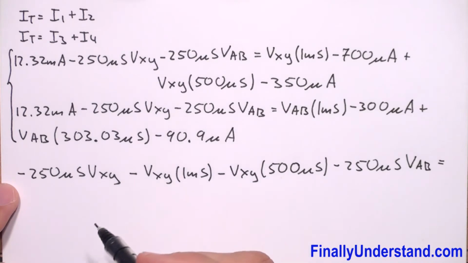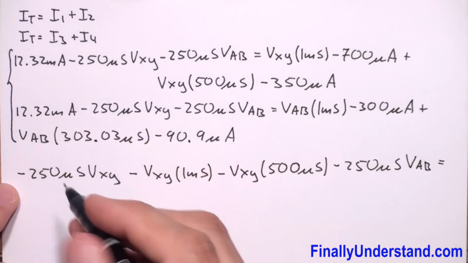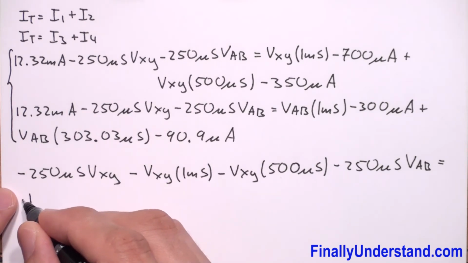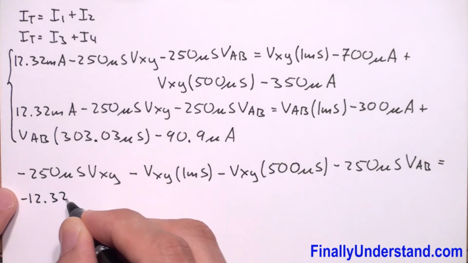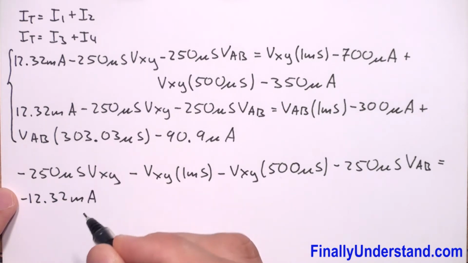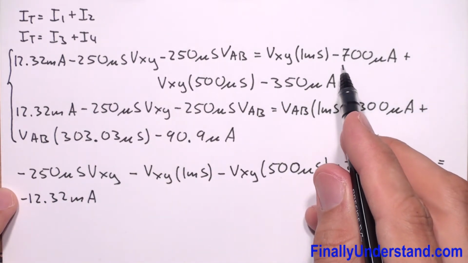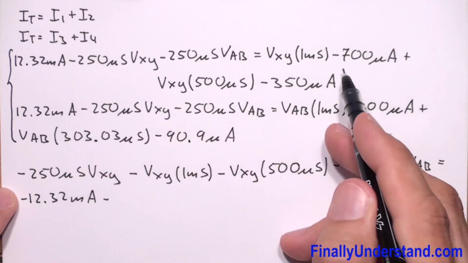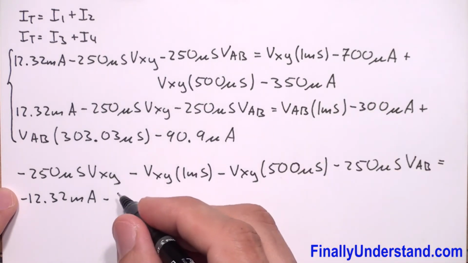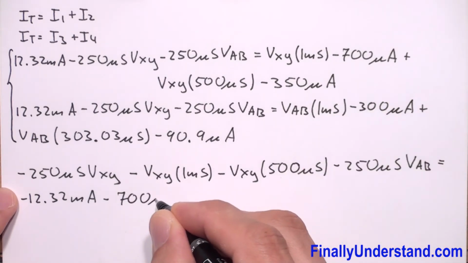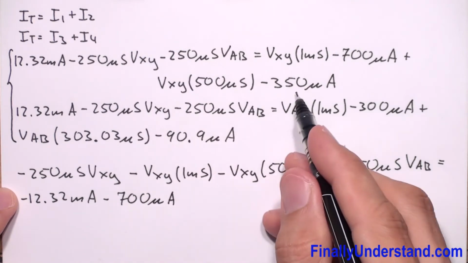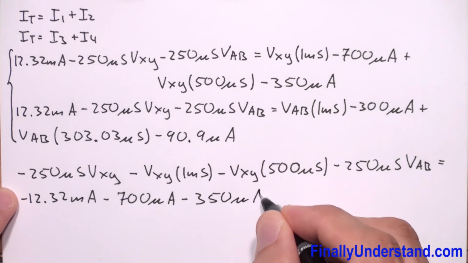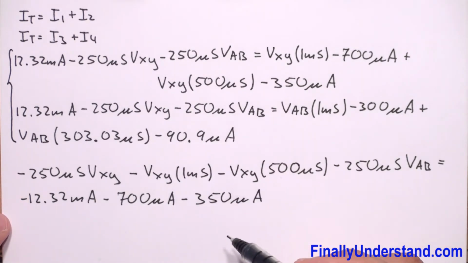Everything is equal, and I have negative 12.32 milliamps, and I have negative 700 microamps, and negative 350 microamps. Okay, so this is my first equation.